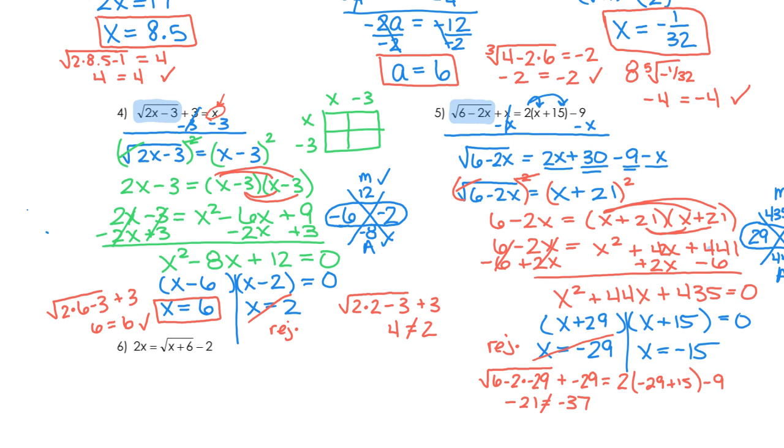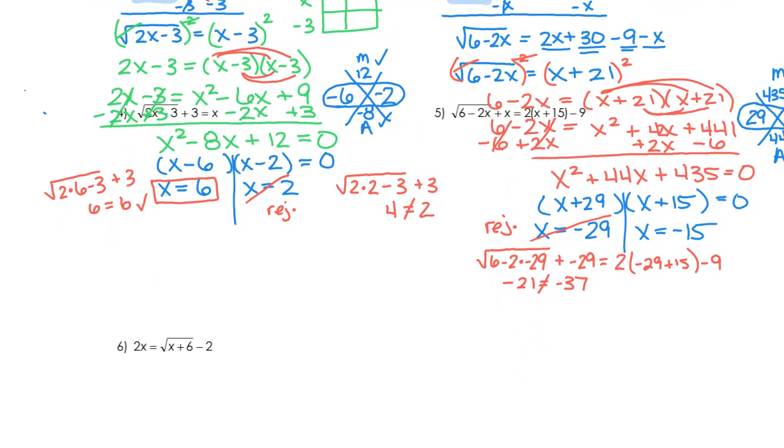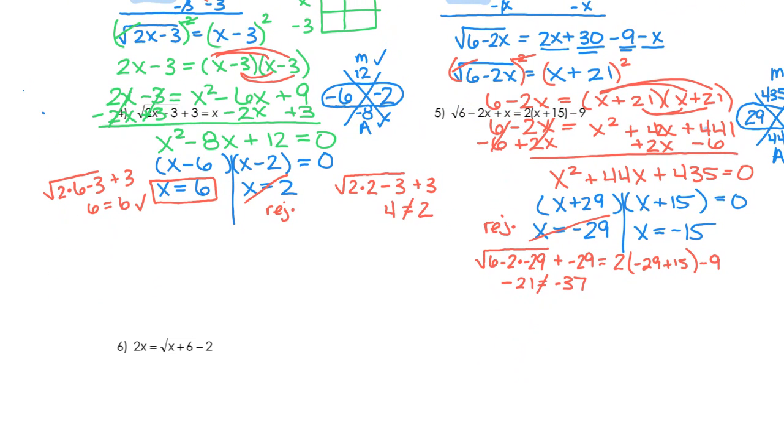So going all the way back up to the original equation, I got to scroll up so I can read on my screen a little bit. And we have square root of 6 minus 2 times negative 15. Okay, arrow over, so you're not underneath the radical anymore, plus your x value, which is negative 15 that we're testing now.